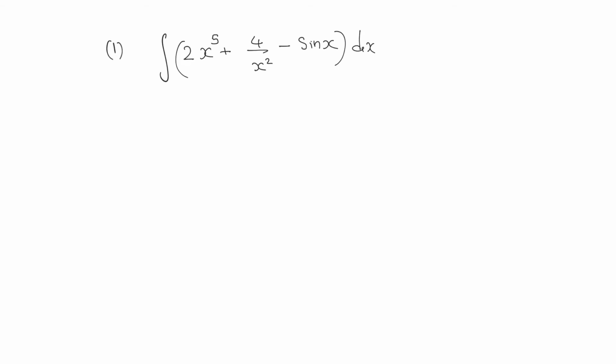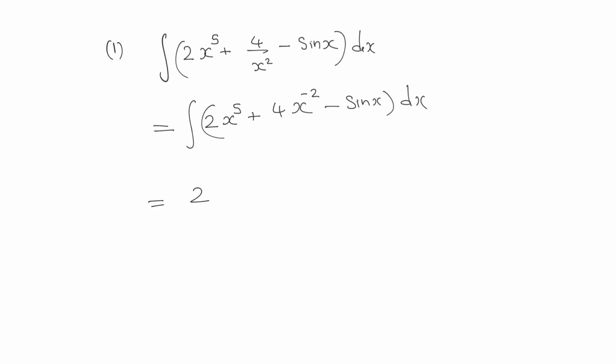Now we'll take some examples. If it is given integration of 2x raised to 5 plus 4 by x square minus sin x dx, we can write this as integration of 2x raised to 5 plus, with x square in the numerator, x raised to minus 2, minus sin x dx, and we have to integrate this particular function.